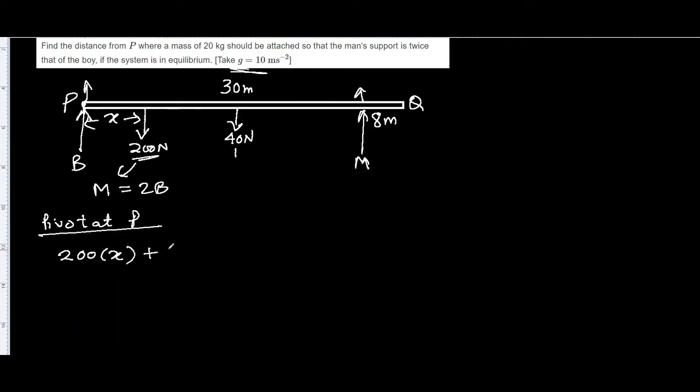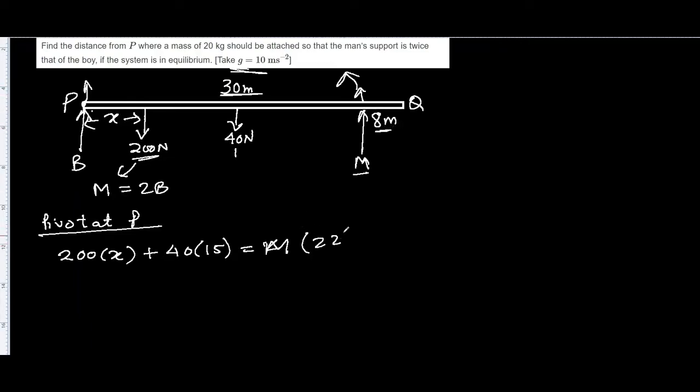So it will be 40 multiplied by 15, and it will be equal to the anti-clockwise moment by the M force. So M multiplied by the distance between P and M, which is 22, because the total is 30 and 8 will be subtracted from it.